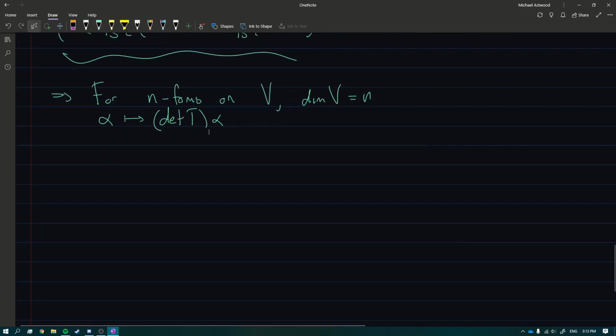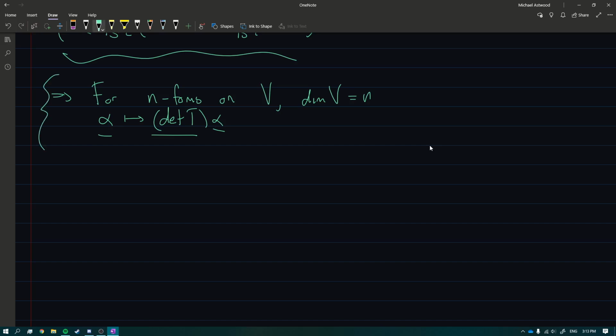And in fact this gives us a nice way to compute determinants of arbitrary transformations, because what you can do is just transform a top form, and then you get the determinant right away as a prefactor. And you recognize the top form out front, and you can just cross these off and you get the determinant. So it's pretty nice.